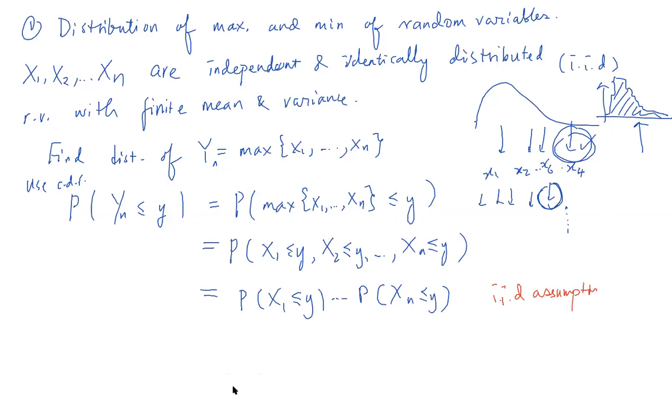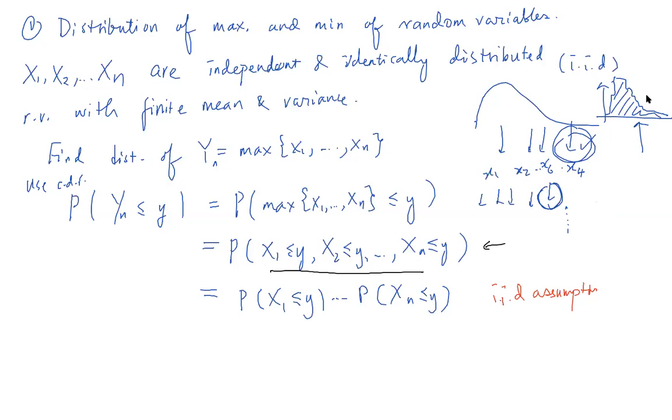Okay, so let's go back to this part. Now when you say the largest among X1, X2 until Xn is bounded by y, it is equivalent to saying this statement, yeah, because you think about it, if in your whole class, you know that the person who got the highest mark does not exceed 65, then that statement is the same as saying everyone got marks that are less than 65, right?